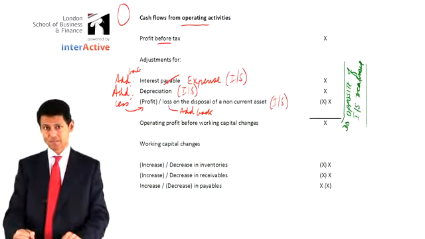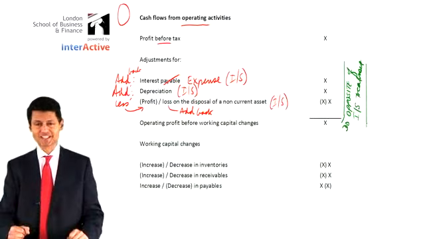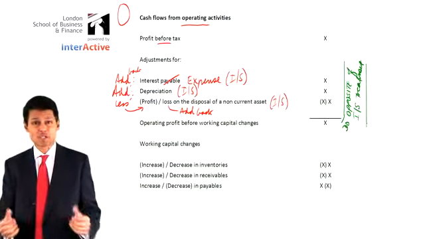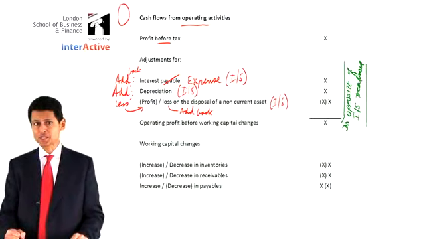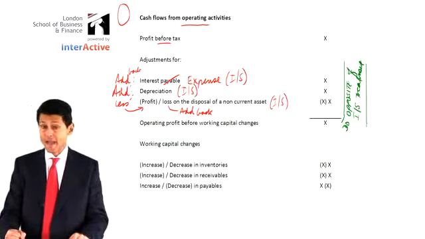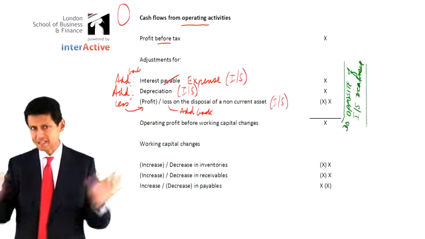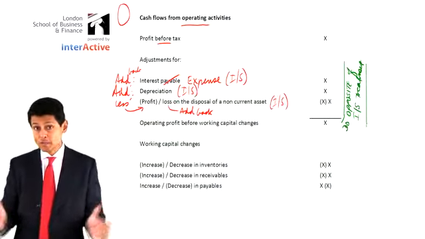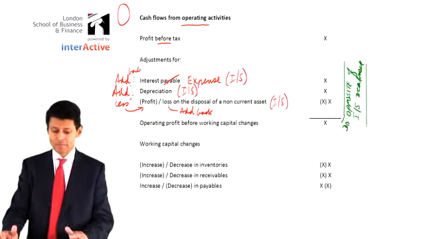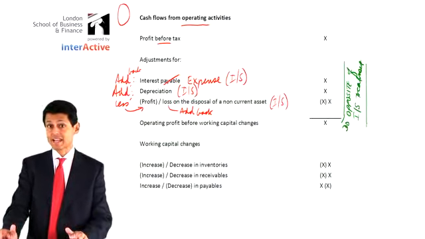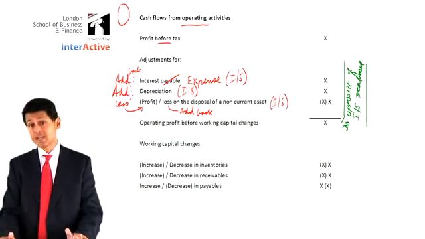Similarly, depreciation, because it doesn't involve cash. Depreciation is just a provision, doesn't actually involve cash being paid out. If you add it back, then later, once you've cancelled the earlier charge, so don't forget, when you add it back to your profit before tax, it's like cancelling what was earlier depreciated. You see?